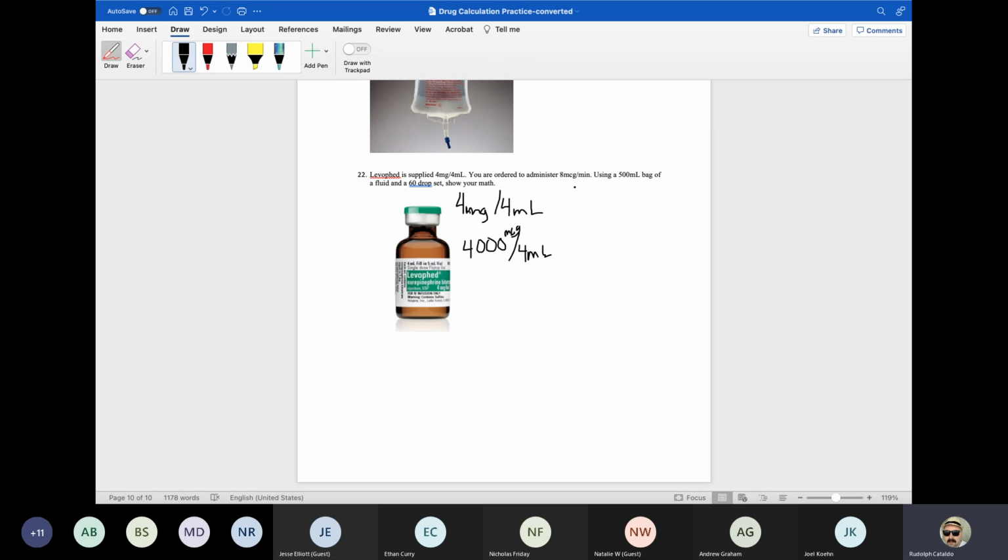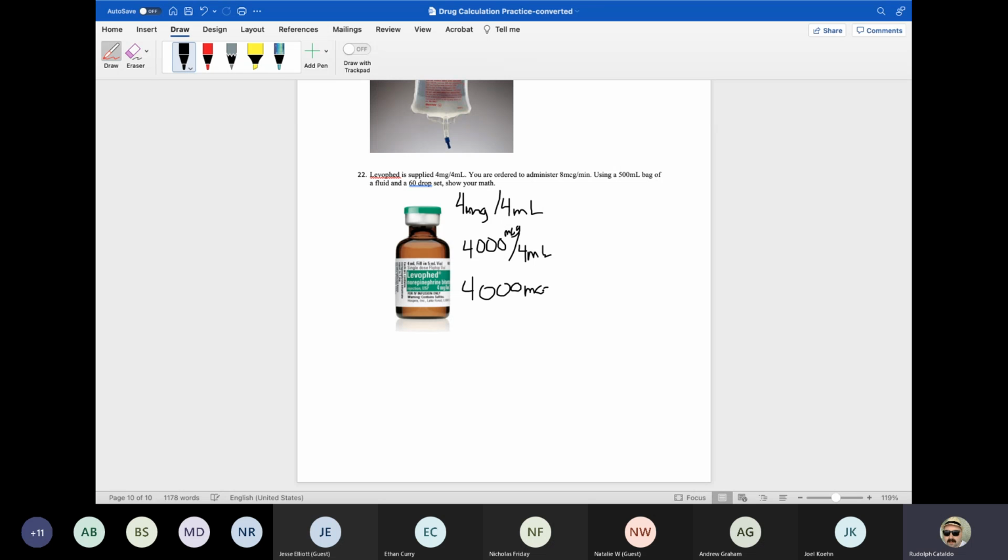Okay, you have to administer 8 using a 500 mL bag of fluid and a 60 drop set. So instead of 4 mLs, let's take this vial of medication, and let's take this 4,000 micrograms, and we're going to inject it into the side of a 500 mL bag.